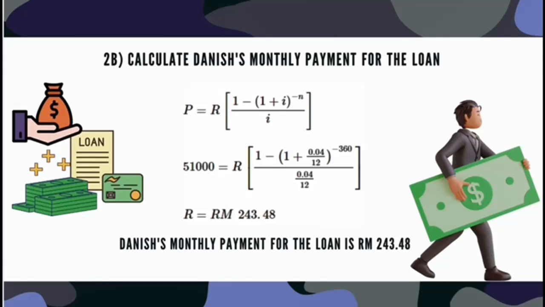After solving, the monthly payment R is found to be 243.48 ringgit Malaysia. This means Danish will need to pay 243.48 ringgit Malaysia each month for his loan.